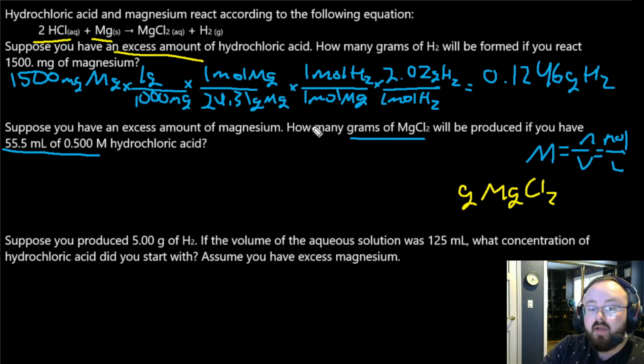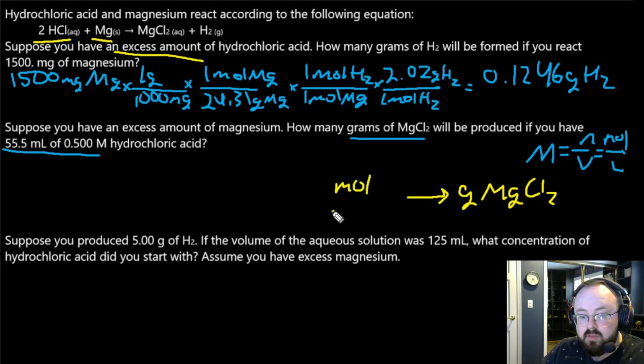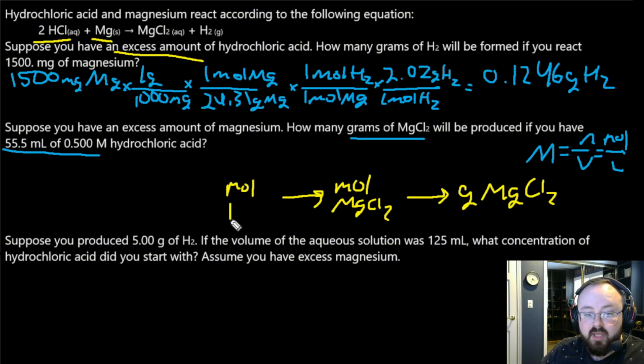Whenever we're doing a chemical reaction, we're going to need moles somewhere along the way. And we can get moles of MgCl2 because this is a chemical reaction. We can get moles of MgCl2 from the amount of moles of HCl, which is my reactant that I'm talking about, because now we have an excess of magnesium. So my reactant is hydrochloric acid.